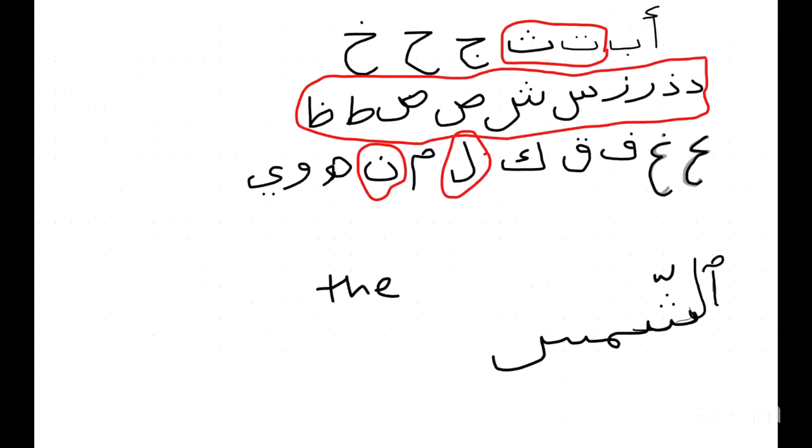So when Laamut-Ta'areef is followed by a sun letter, it gets nothing. The sukun it has is hidden and it does not get pronounced. Meanwhile, the sun letter that follows it gets all the power. It gets shadda, it gets double power.